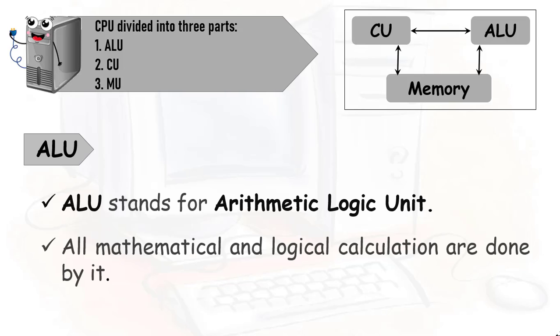In the whole computer system these calculations are performed by the CPU, but in particular they are done by one part of the CPU, that is the Arithmetic Logic Unit.